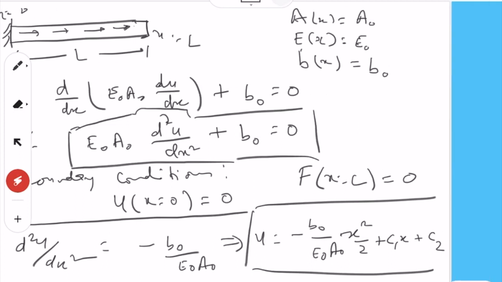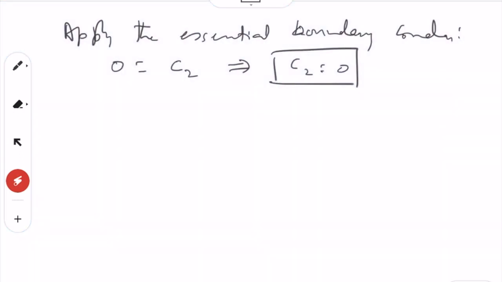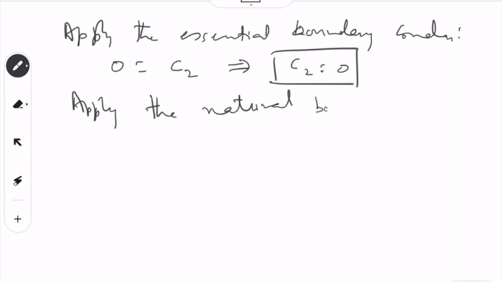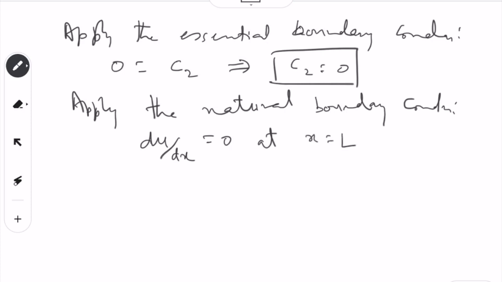Now when you apply the natural boundary condition, that really means du over dx equal to 0 at x equal to L. I am saying this because force is equal to 0, and force is nothing but E naught A naught times du over dx.